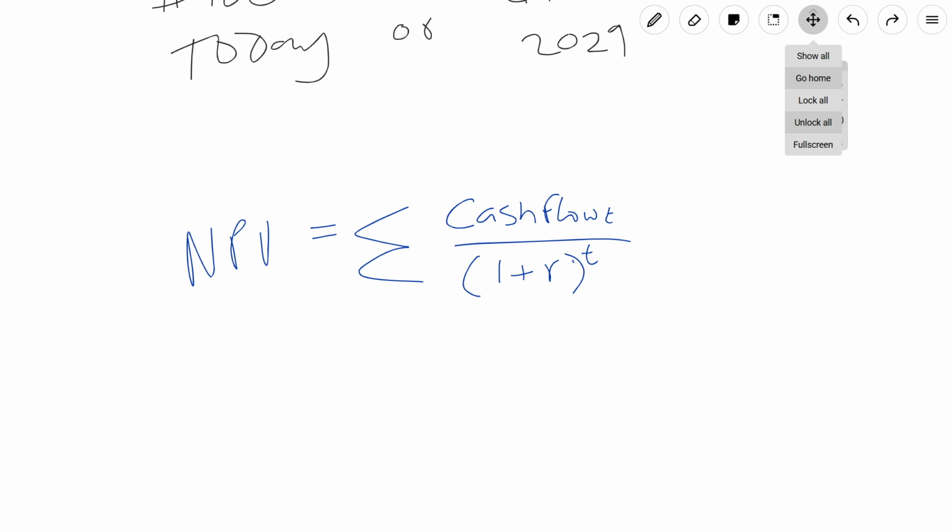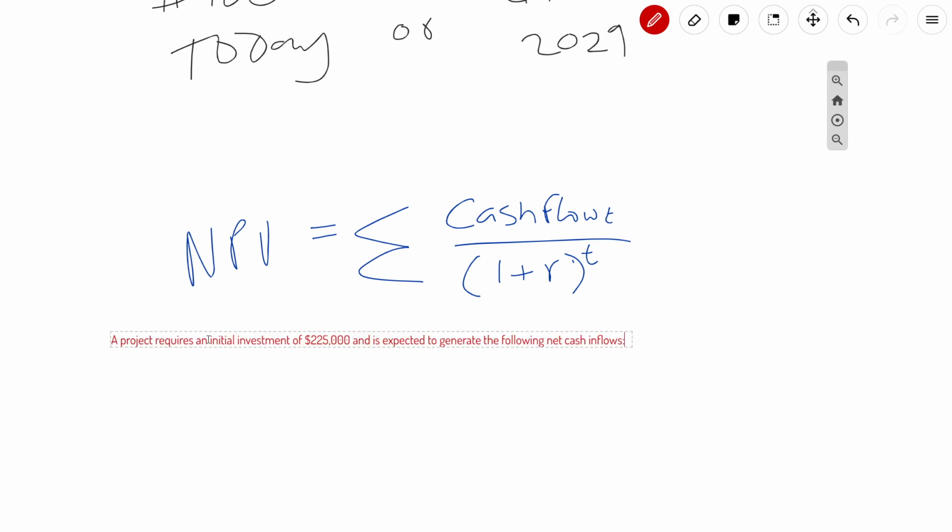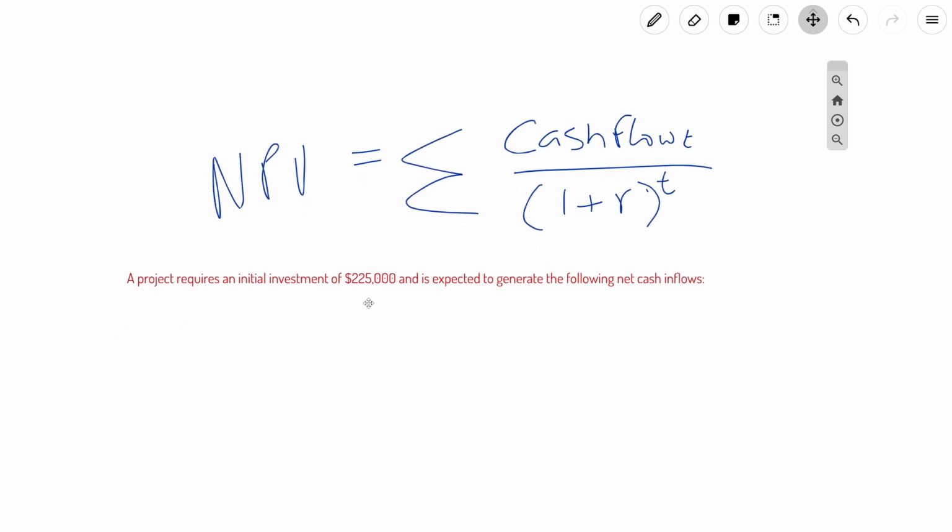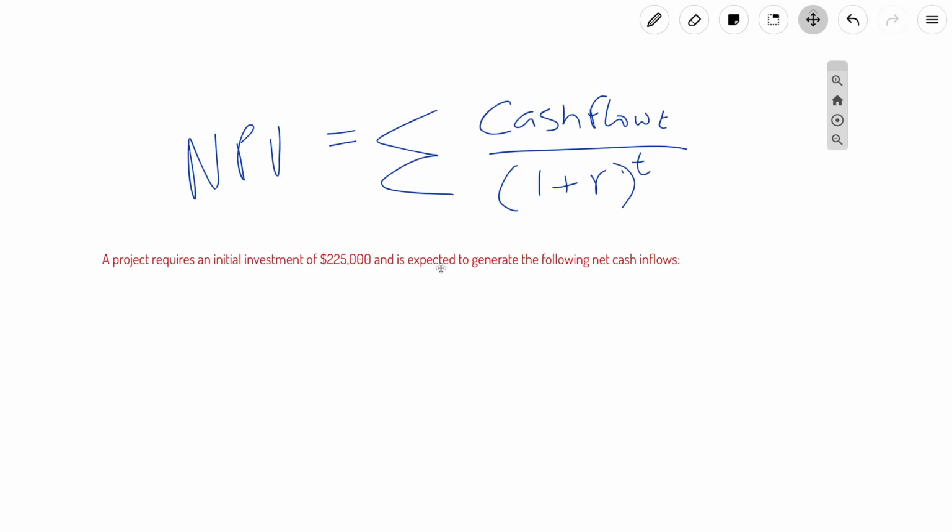So the question goes like this. I've demoed this on the channel before, but now we get the chance of writing it all out. So if you are tuned into this channel, you might have seen me talk about this before. So the question reads, a project requires an initial investment of $225,000 and is expected to generate the following cash inflows.